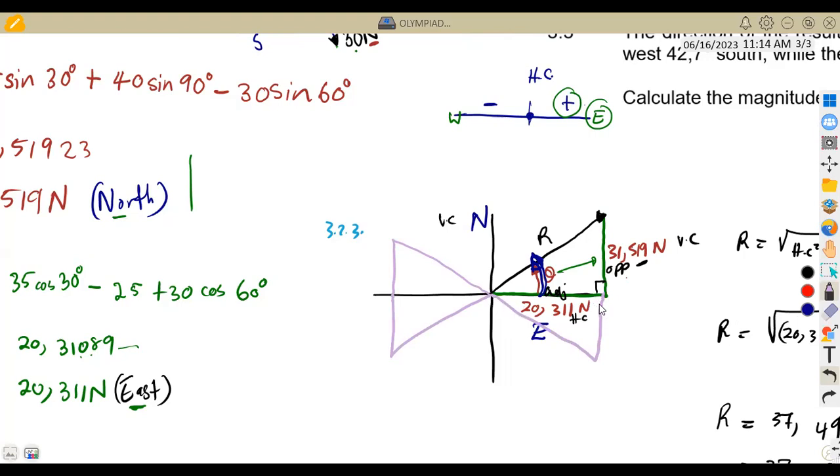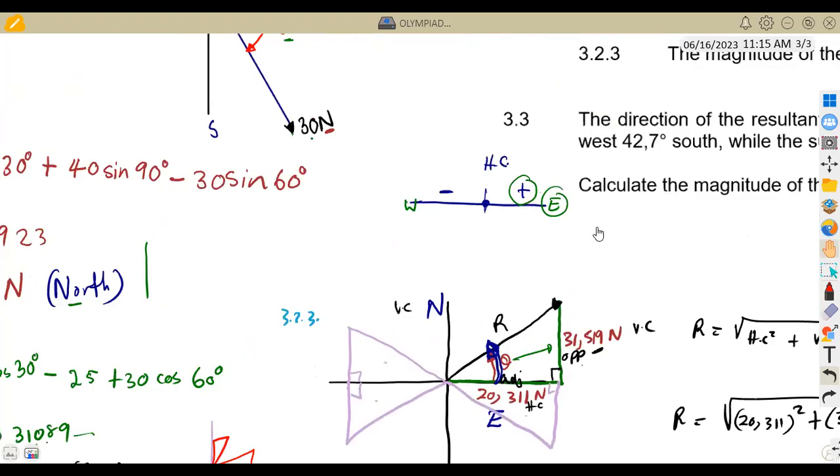It depends on what you are given. The information that you're given is the one that helps you to draw the triangle. But never are you going to find a condition where your triangle is drawn like this. There is never a condition like that. Your triangle is always like this. So please take note of how you are going to present your final answers.